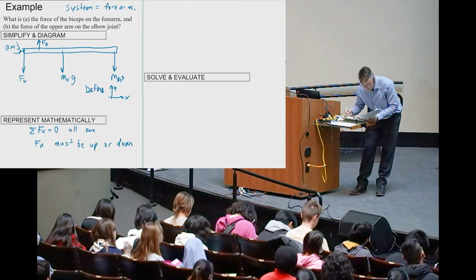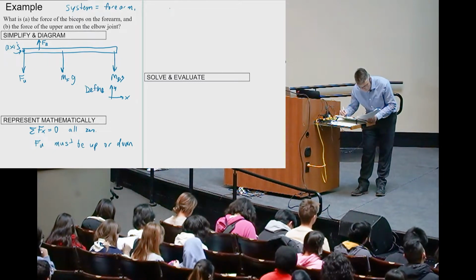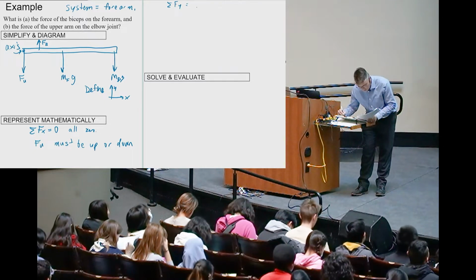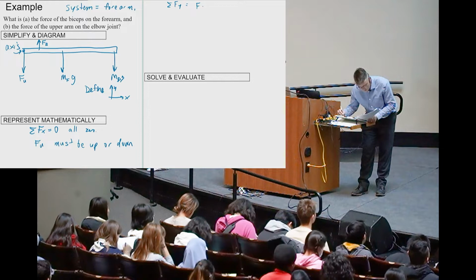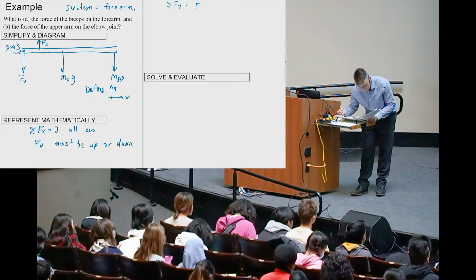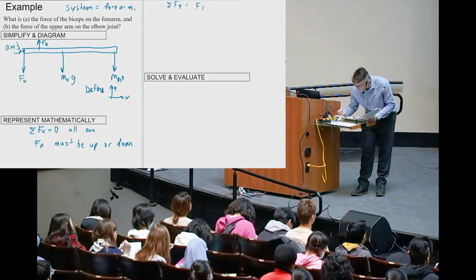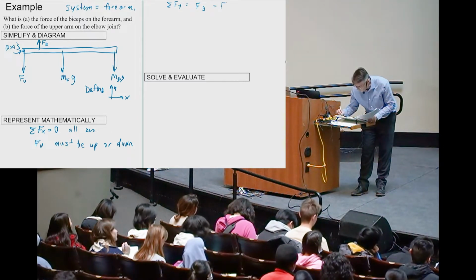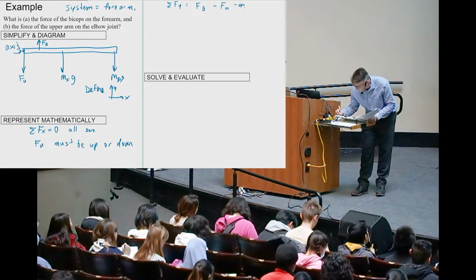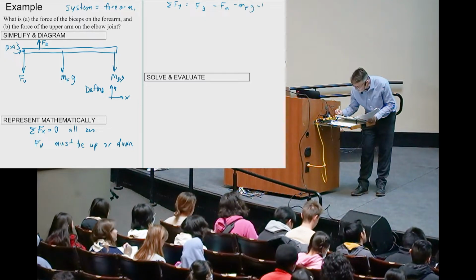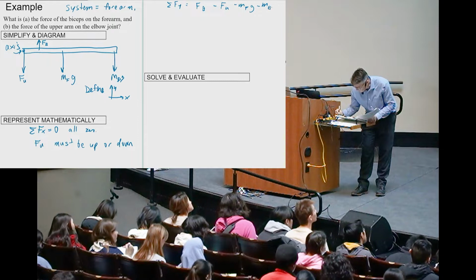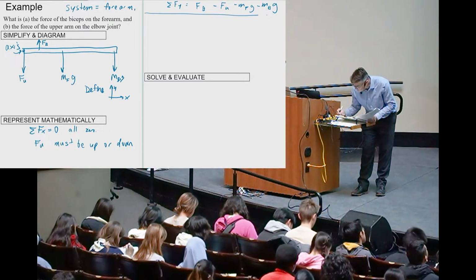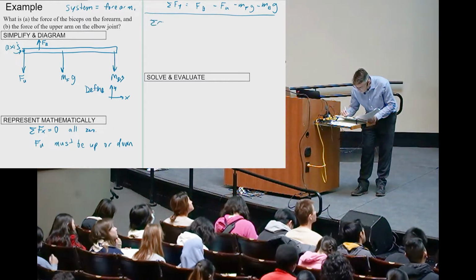So that's important. The sum of the forces in the y direction is just going to be the upward force, which is the force of the bicep. And then I'll put minus Fu minus the mass of the forearm times G minus the mass of the ball times G. But what's more important here is let's do the torques.